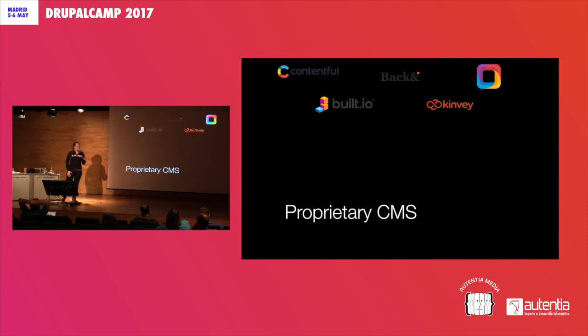So the other thing we can look at is proprietary CMSs. Sorry, those logos look terrible, but look how colorful they are. Yeah. So you might have heard of Contentful. That one's quite popular right now. Some of these are hosted, some of them you buy licenses for, but it's still worth keeping an eye on what these people are doing.